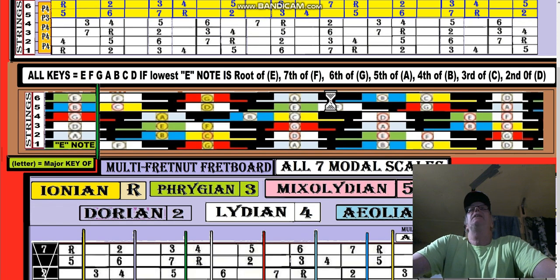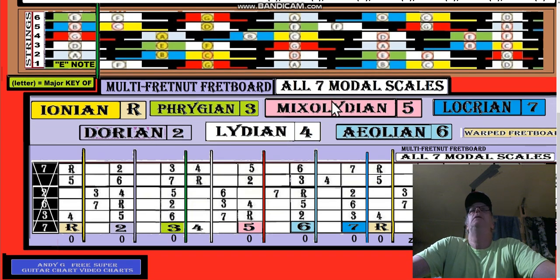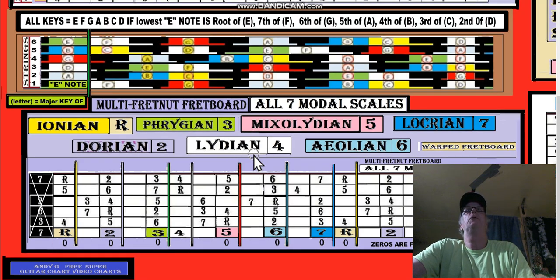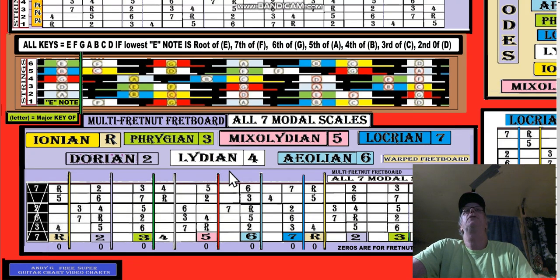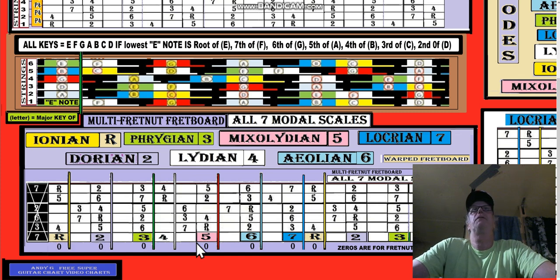Now, when we stay in the same key, we have a name for it, and it's beyond CAGED, because CAGED is just the root, the second, the third, the fifth, and the sixth. CAGED are the modal scale tone chords for the pentatonic members within a key of a pentatonic scale.